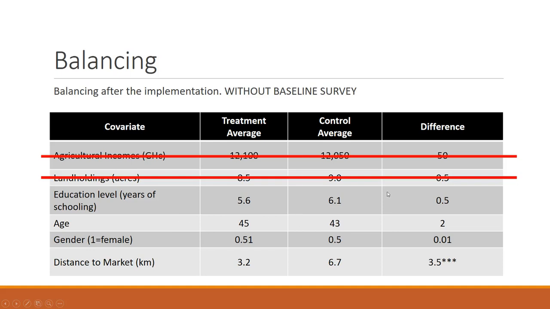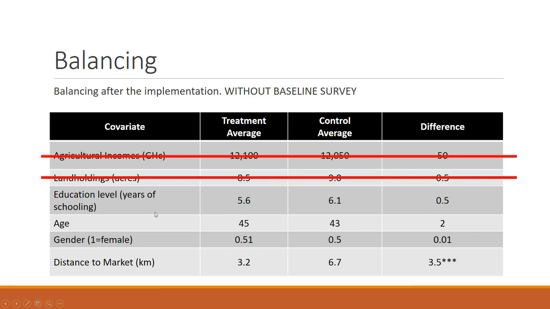If we find that there's a statistically significant difference between them, that would undermine our argument for statistical independence. That would show us that we don't have statistical independence.